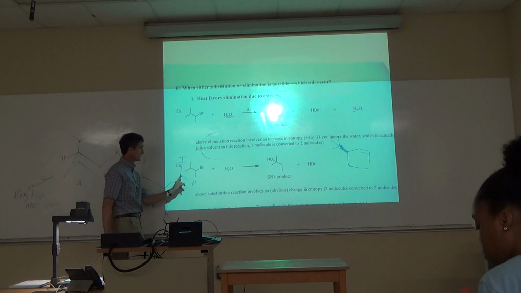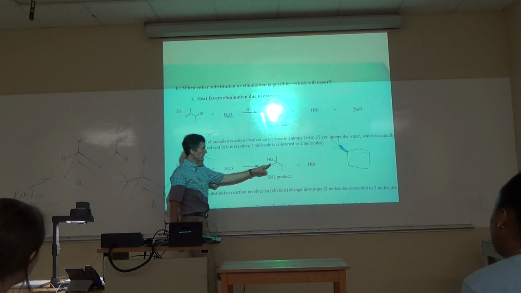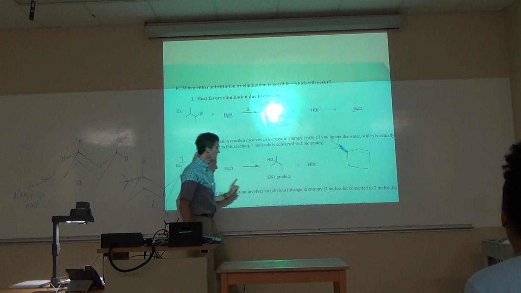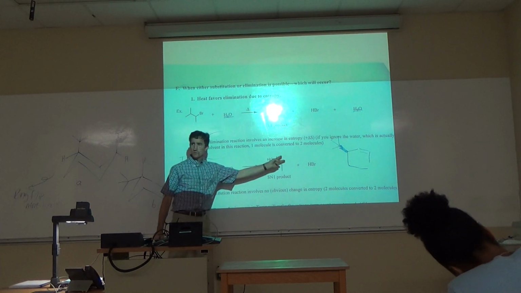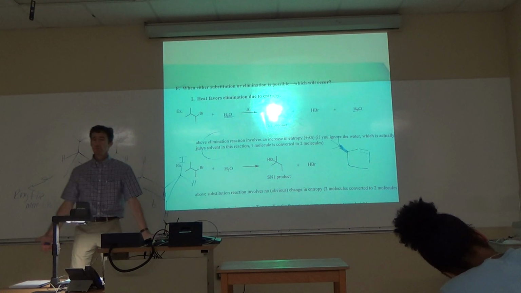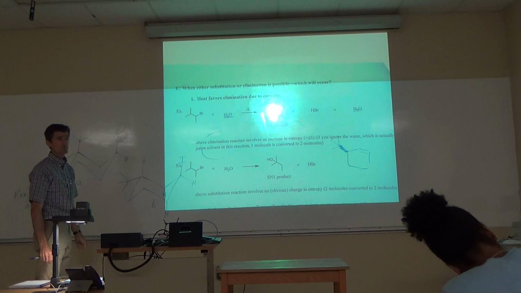Compare that to substitution. When you do a substitution, this reacts with water, the water replaces the leaving group and we make HBr. Is that favored by entropy? 2 going to 2. So that's not any favorable entropy.